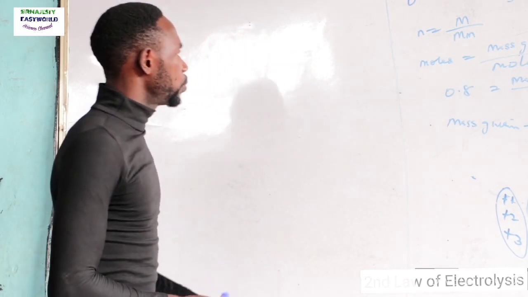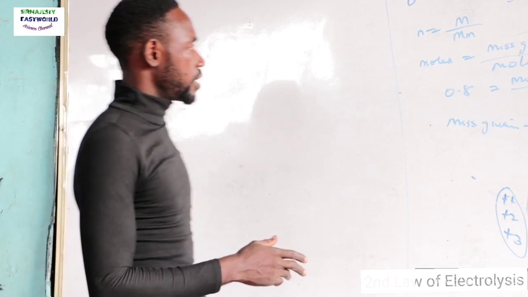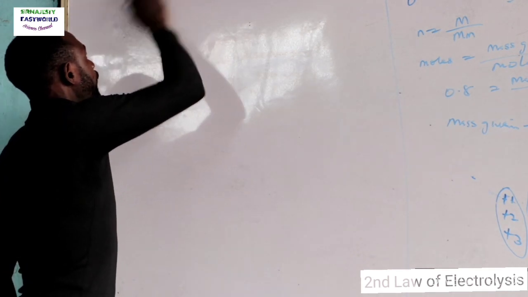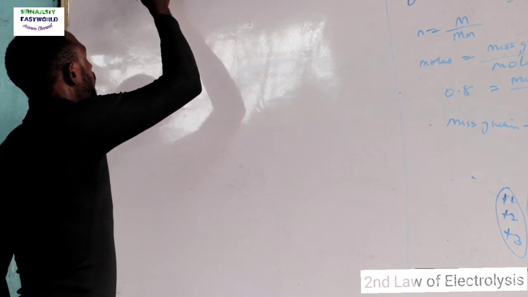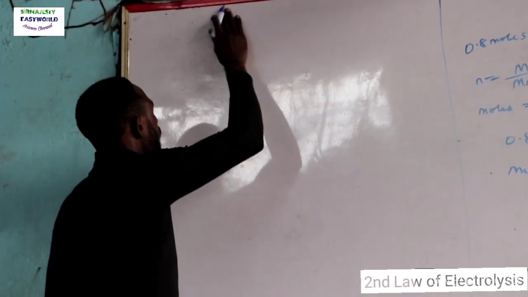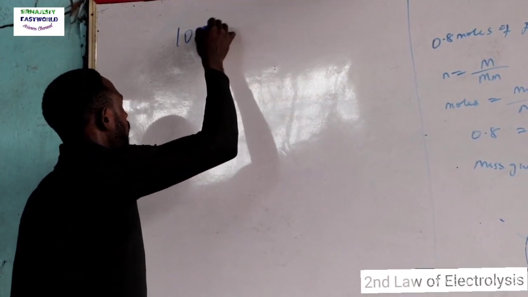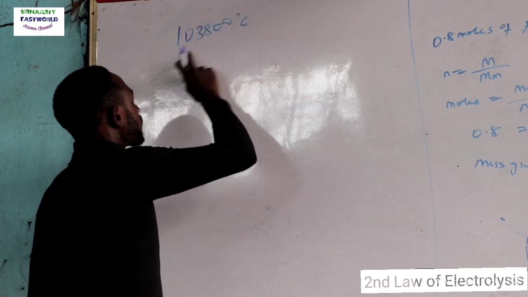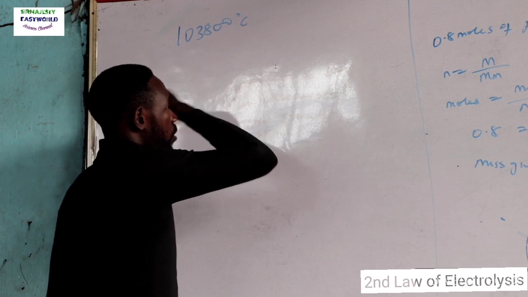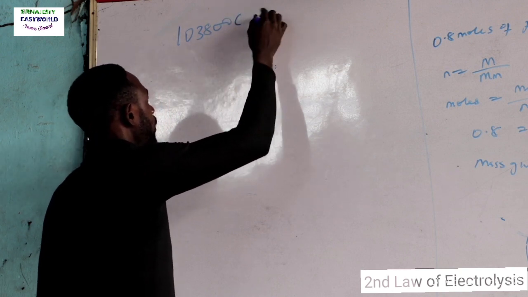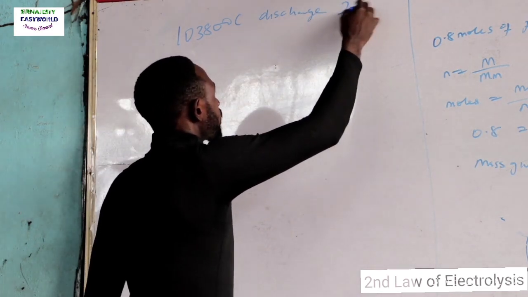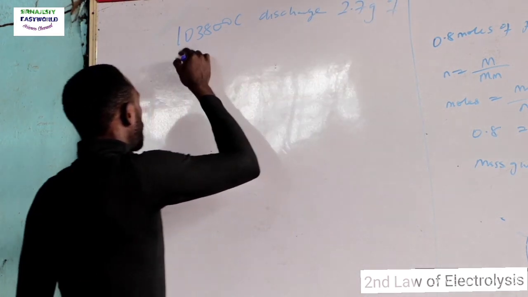Okay, example 2. You see it there on the screen, although I'll write it out so that it will be easier for me. If you are told to calculate a given quantity, they might even give you the quantity, 103,800 coulombs of electricity, discharged 2.7 grams of aluminium.